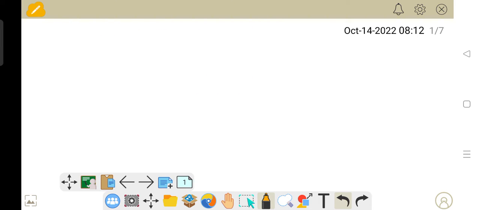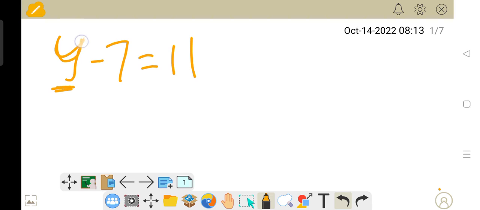First one is they given y minus 7 equals to 11. Y minus 7 equals to 11, which means a number, let the variable be an unknown number, a number decreased. Minus means decreased, plus means added or more.